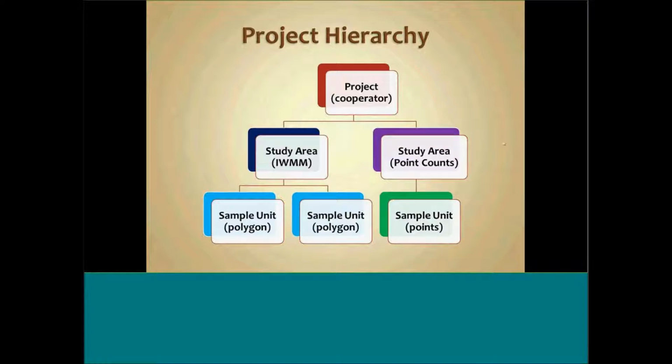They may also be participating in the marsh bird survey. So the second level, which is referred to within the AKN as a study area, is really just an intermediary level that acts as a container for the sample units for each of the monitoring programs occurring at that project location.